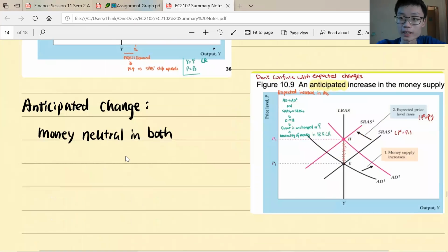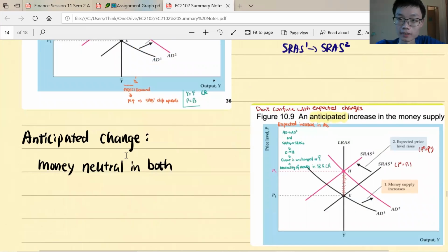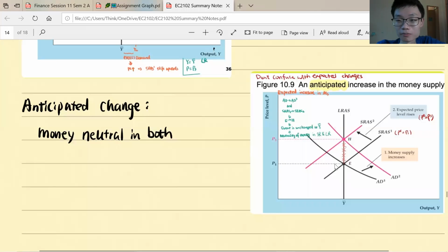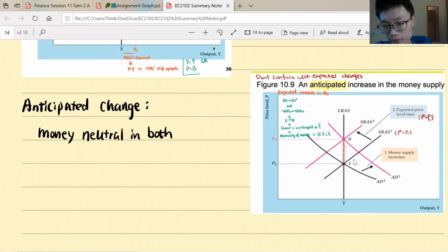So how about an anticipated increase in the money supply? This time we are looking at an anticipated increase in the money supply. So everything is known. What will happen is, as AD1 shifts to AD2, SRAS1 shifts to SRAS2 simultaneously.